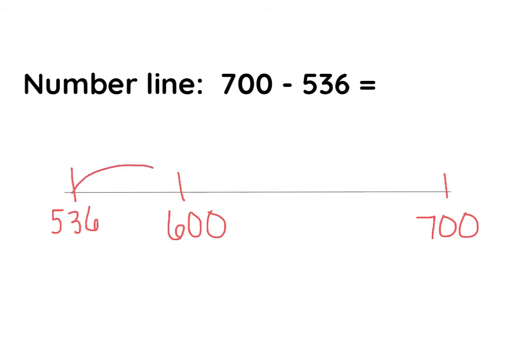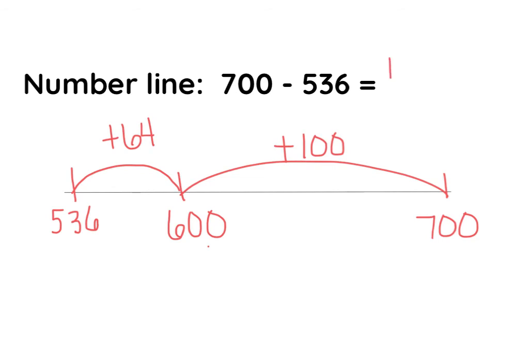So 536 plus 64 equals 600, plus 100 equals 700. 164. We knew it would be easy to add because all of our big digits were on the bottom.